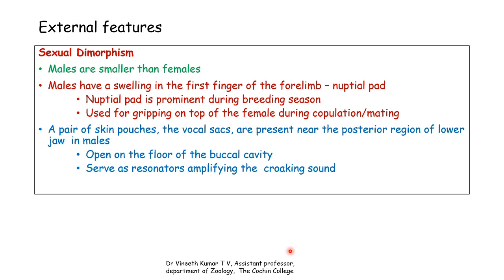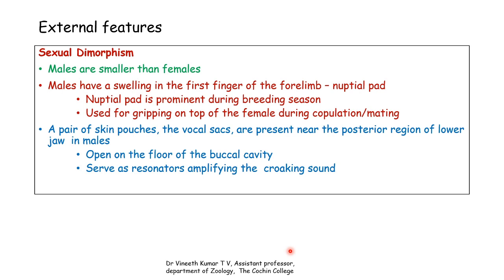A pair of skin pouches is seen at the junction of the upper and lower jaw, and this fold of skin is called the vocal sacs. The vocal sacs open into the buccal cavity. As a result, air from the buccal cavity can be filled into the vocal sac, and these vocal sacs are used as amplifiers.